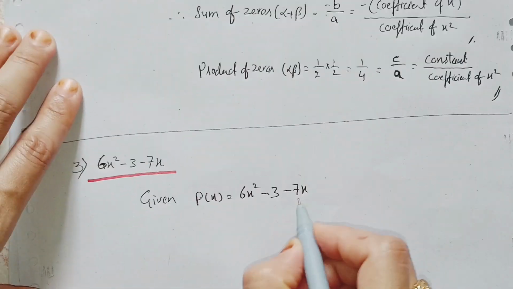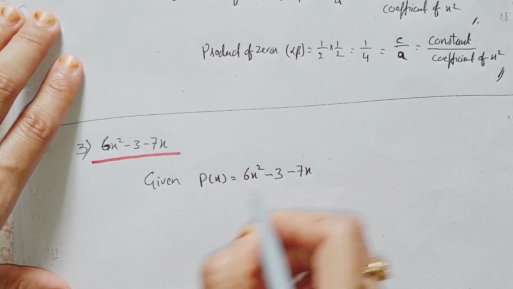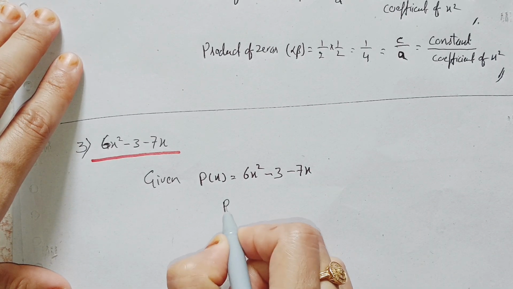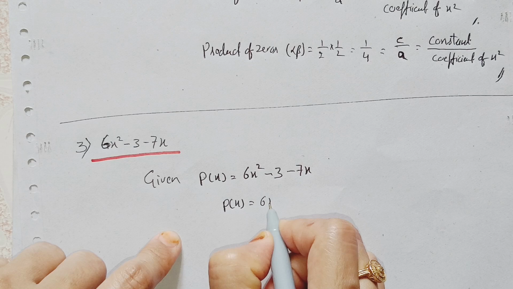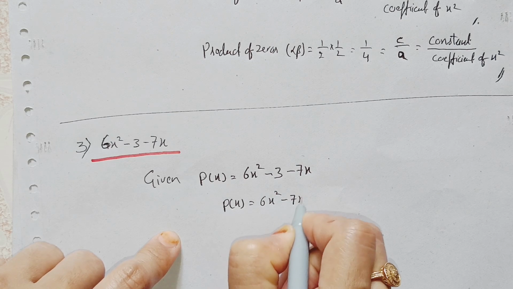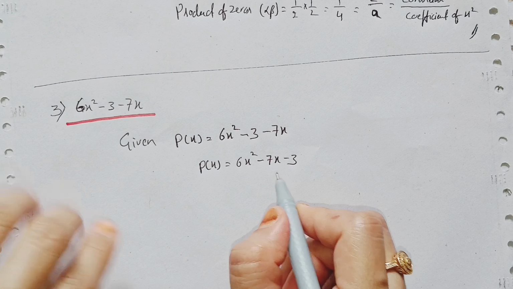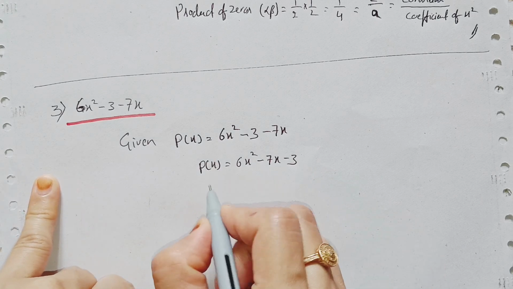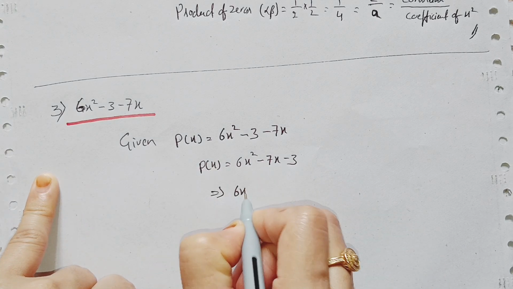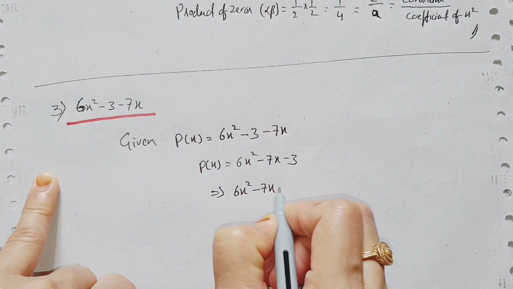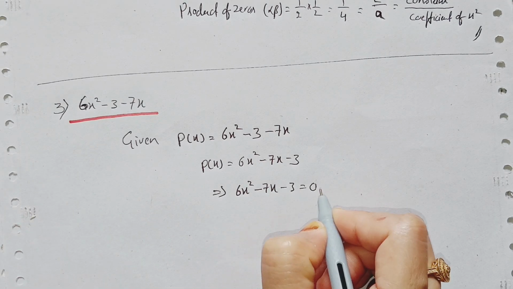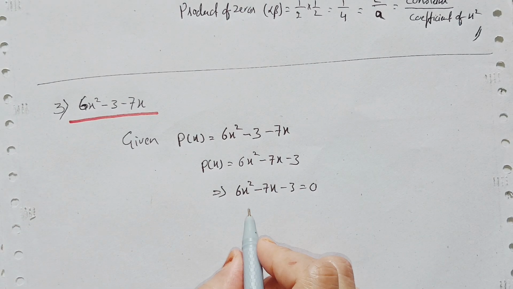This one I can write as 6x square minus 7x minus 3. To find out the zeros for this we have to equalize it to 0. That implies 6x square minus 7x minus 3 equal to 0. Now we have to split the middle term.